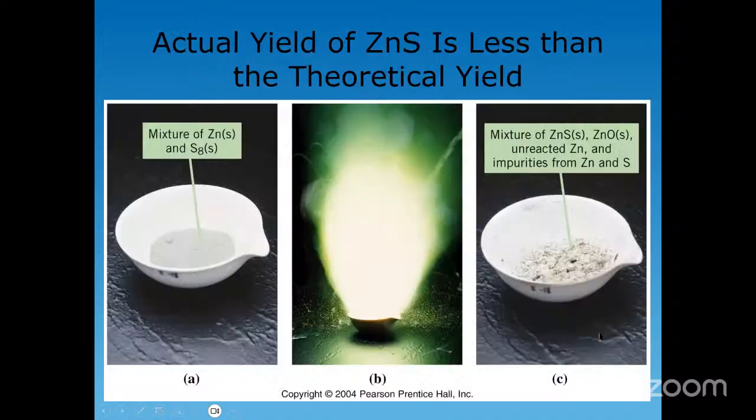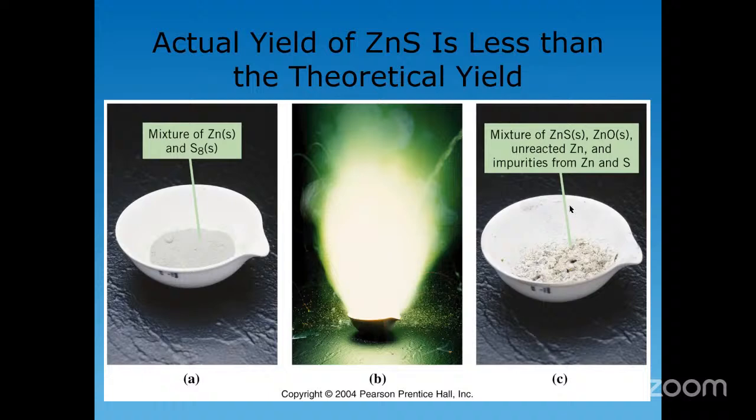Okay, so here's an example of a reaction between zinc and sulfur. Place them in a dish, heat it up, and theoretically, you expect to get zinc sulfide. But what will happen in this case is that not only will you get a product that you want, but you get another product. So what I said about competing reactions applies here, right? Because not only will the zinc react with sulfur, but the zinc will react with the oxygen from the atmosphere.